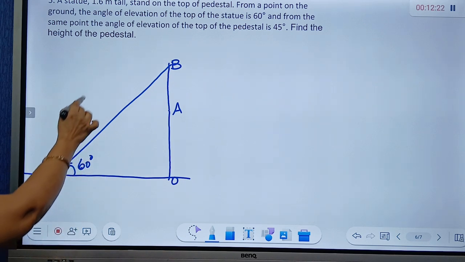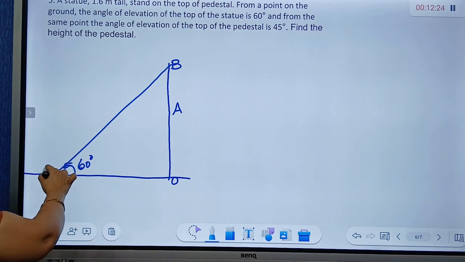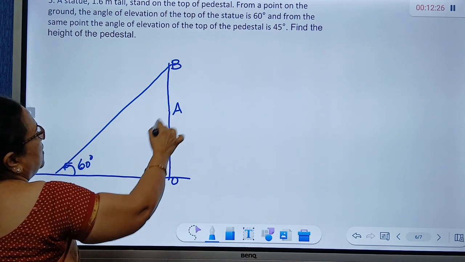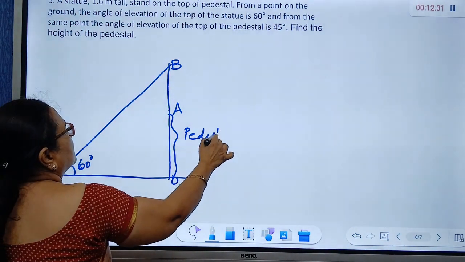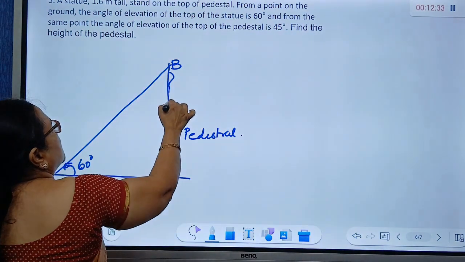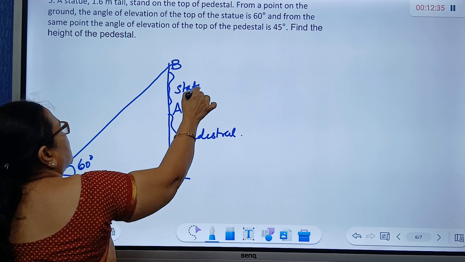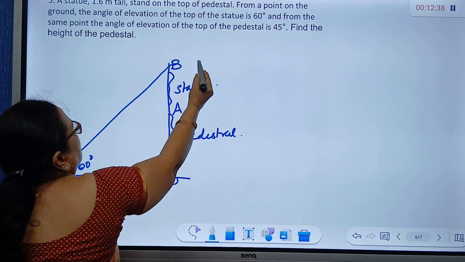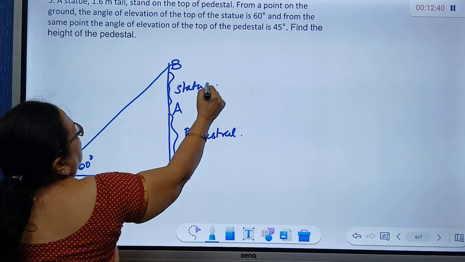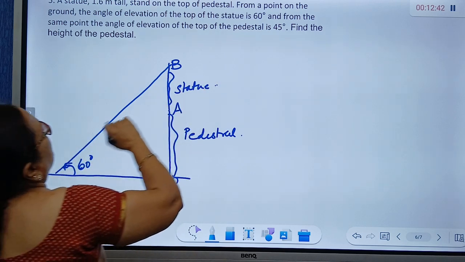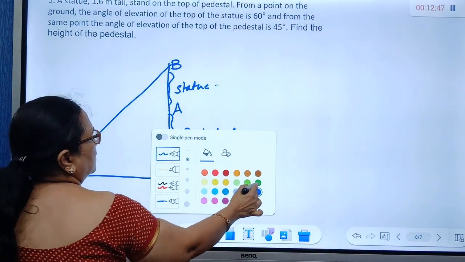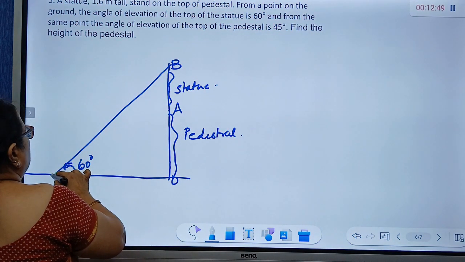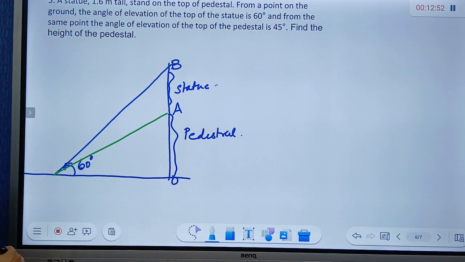And from the same point, the angle of elevation of the top of the pedestal. This is the pedestal. This is the statue. Now, from the same point, the top of the pedestal, what is the angle of elevation?